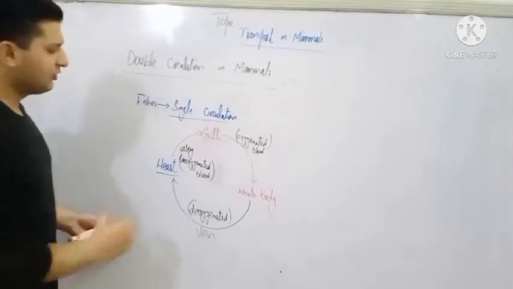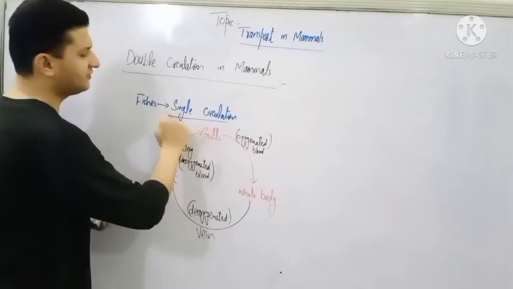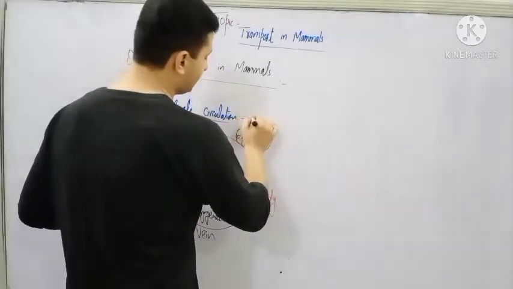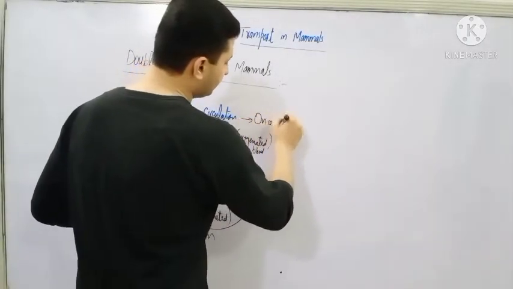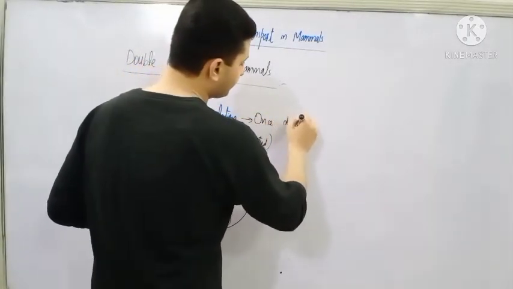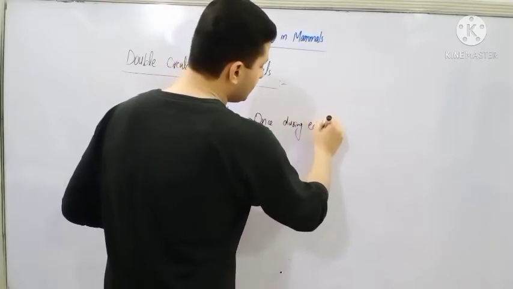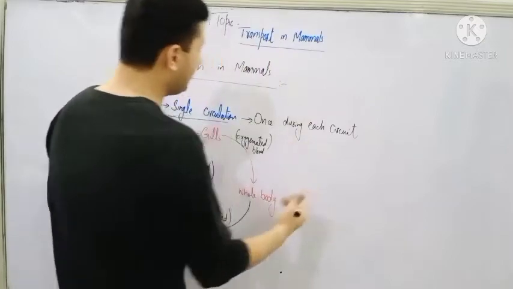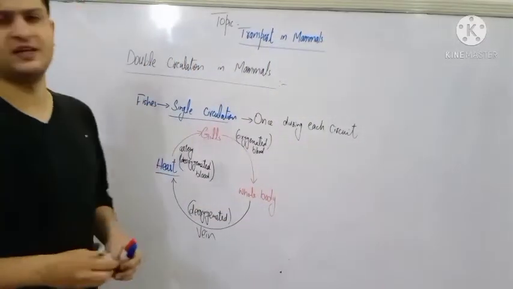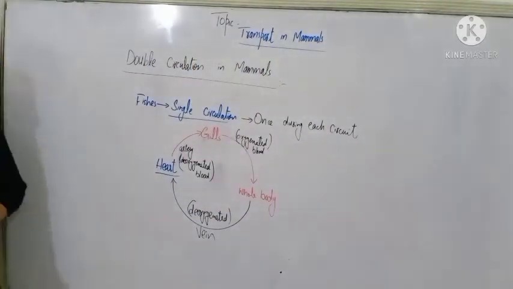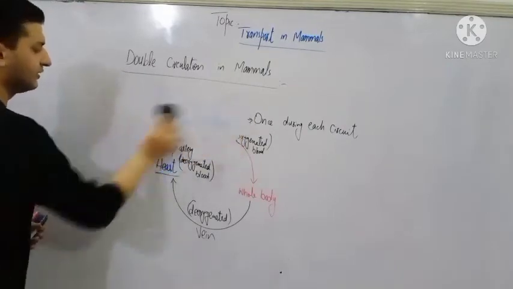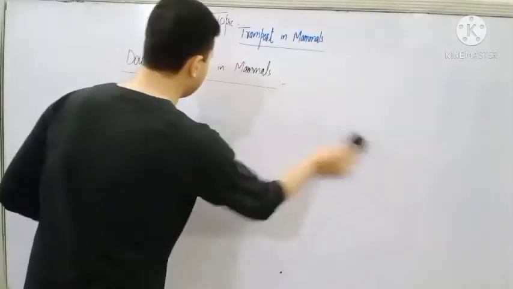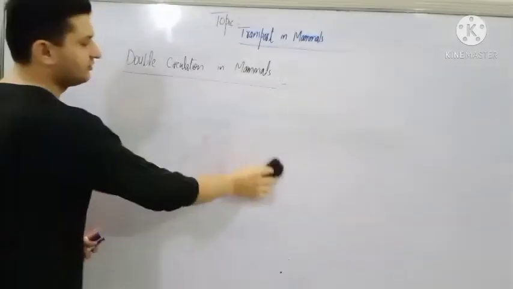So we can understand that this is the single circulation. So if blood travels once during each circle of the body, we can say that this is the single circulation or single circulatory system, and this is present mostly in the underdeveloped organisms like fishes.